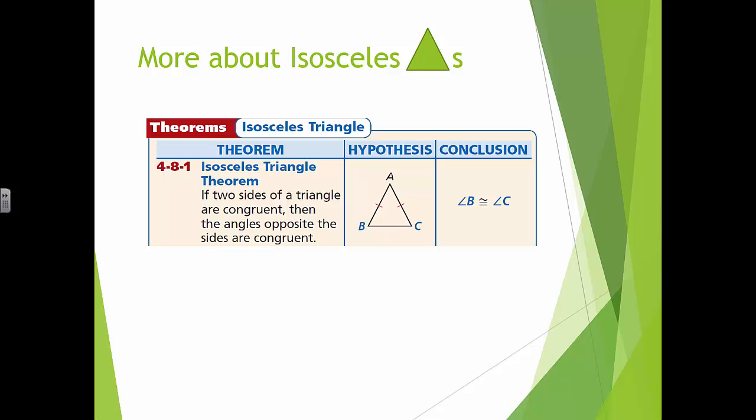So we have a theorem about isosceles triangles, and it says if two sides of a triangle are congruent, it means if it's an isosceles triangle, then it's okay to conclude that the angles opposite those sides are congruent.